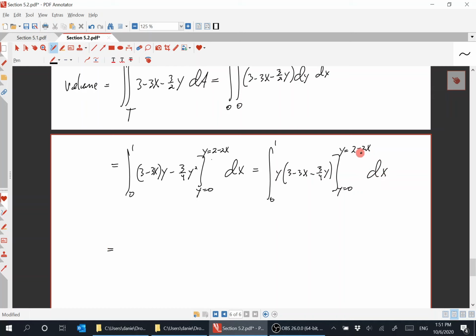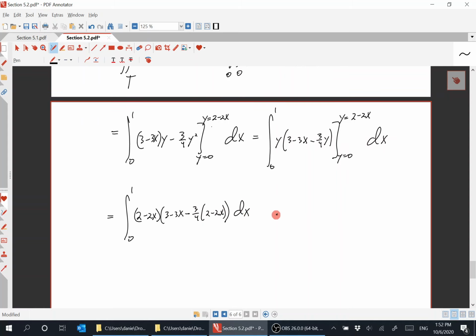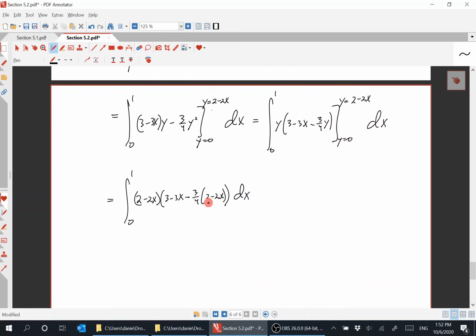So evaluating at 2 minus 2x, we have 2 minus 2x times 3 minus 3x minus 3/4 times 2 minus 2x, dx. Evaluating at 0, you get 0, of course. We try to simplify the calculations as much as possible and not write unnecessary things, like minus 0 times 1, that kind of thing.